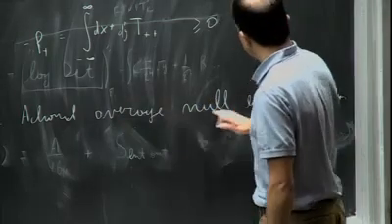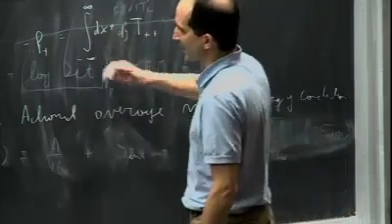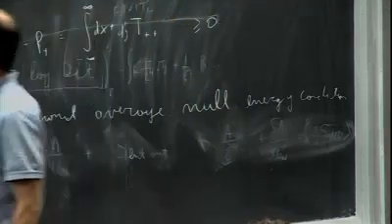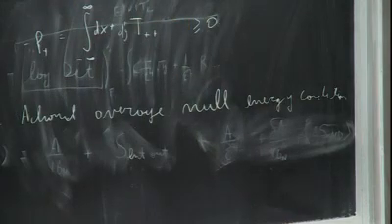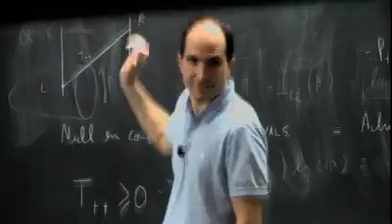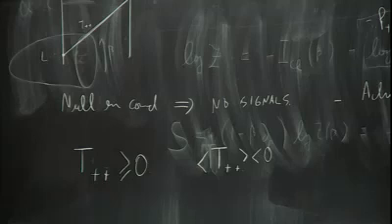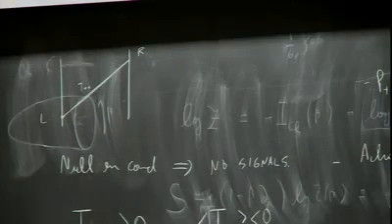Now, the average null energy condition is that you integrate along a null line. Imagine you take a null line here, and you integrate T++ along the null line. Now you might think, based on this flat space example, that this is always positive, but it's actually not always positive.